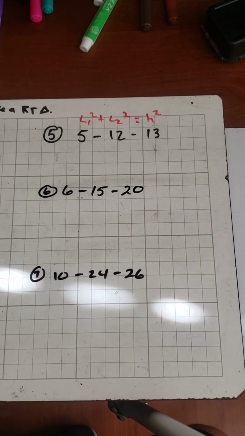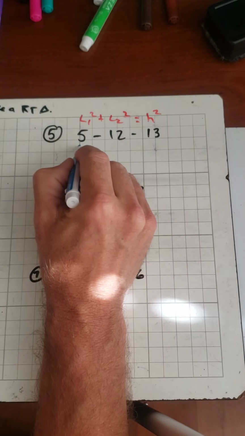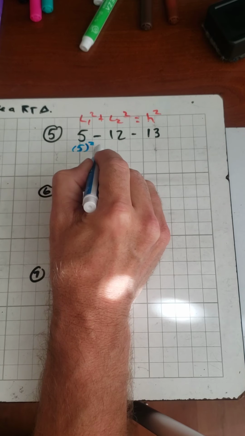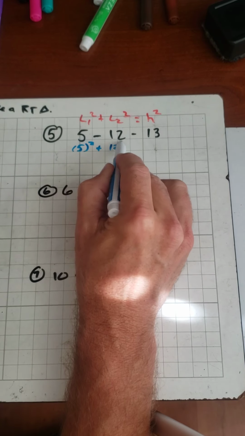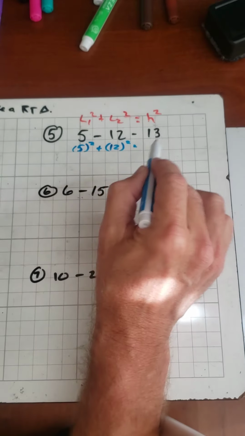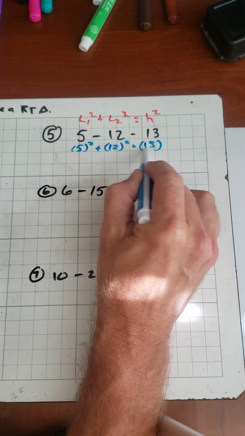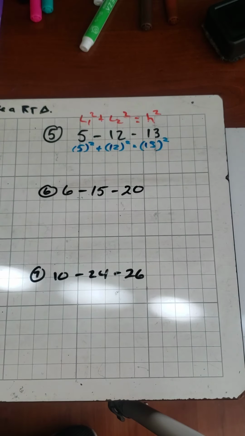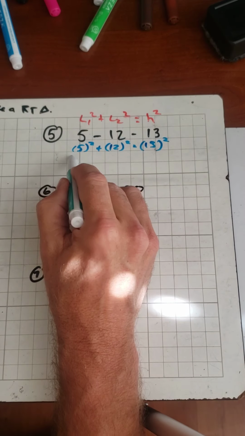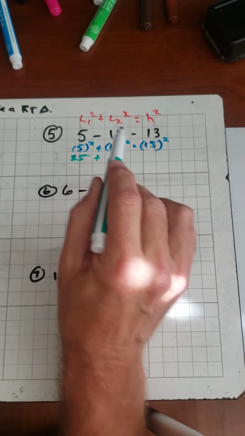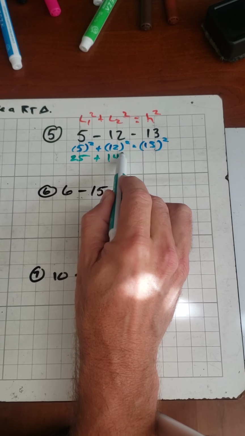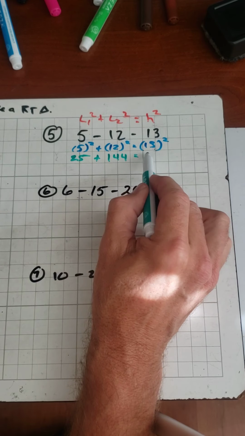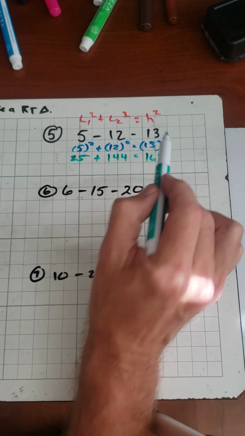So the next one then, it's going to be 5 squared plus 12 squared is equal to 13 squared. So 5 squared is 25, and 12 squared is 144, and 13 squared is 169.